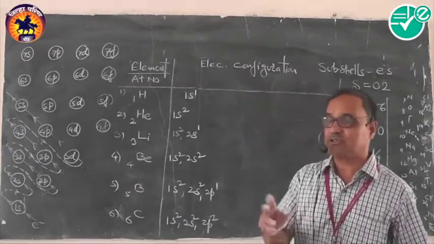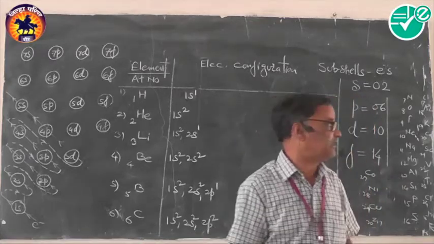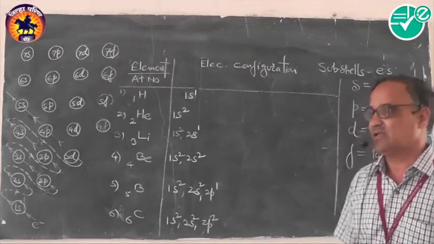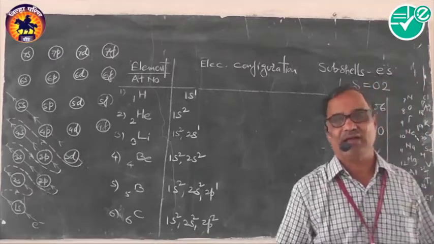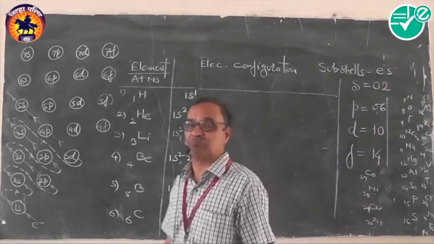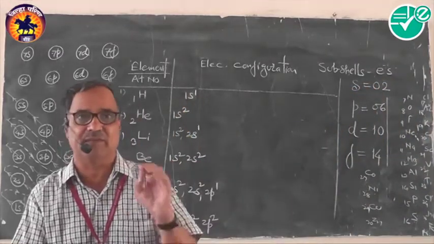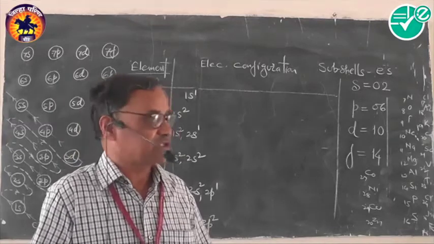But the capacity of the p, d and f subshells is different from that of the s sub-energy level, because the p sub-energy level has a capacity to accommodate 6 electrons.